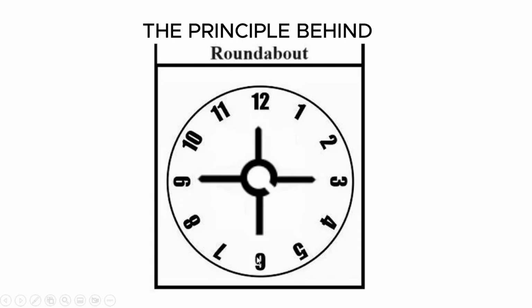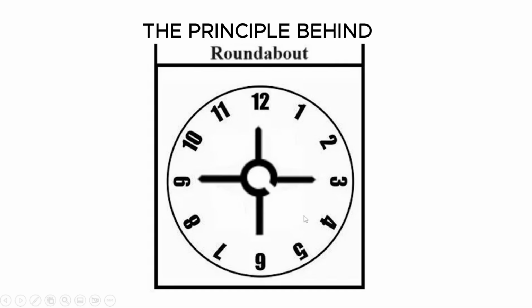The 6 o'clock, we assume here, is the entry point. Now 9 o'clock is the first exit, and 12 o'clock is the second exit on this clock, and 3 o'clock is the third exit, and back here is the fourth exit, assuming you're going around the roundabout.